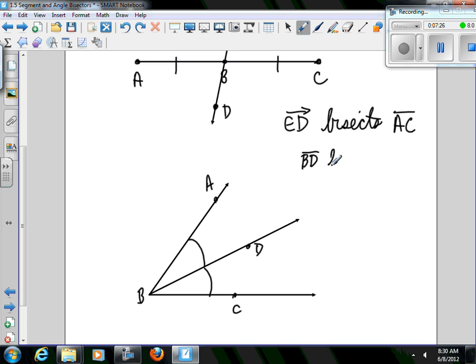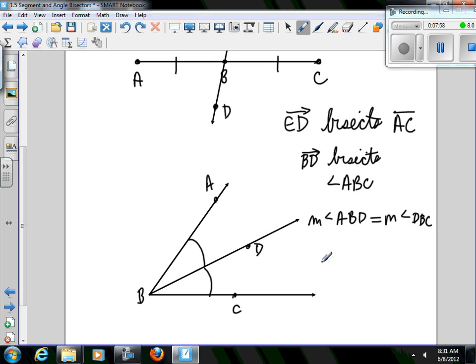What should happen if BD bisects angle ABC? The thing that should be true is that the measure of angle ABD should equal the measure of angle DBC.